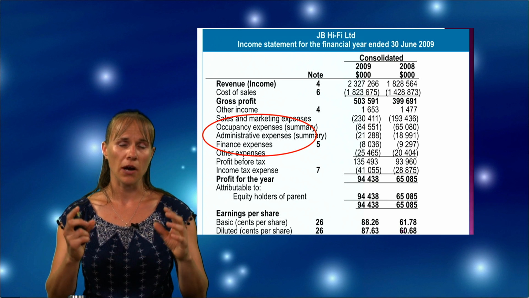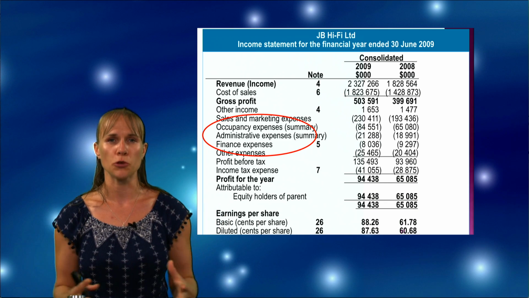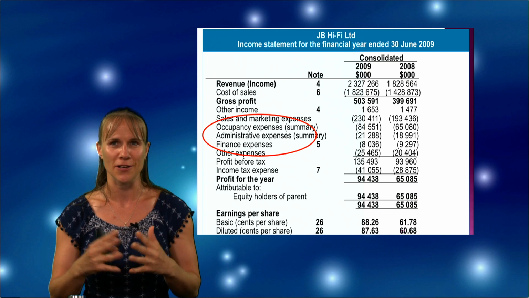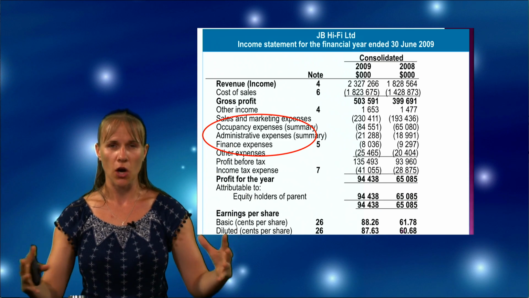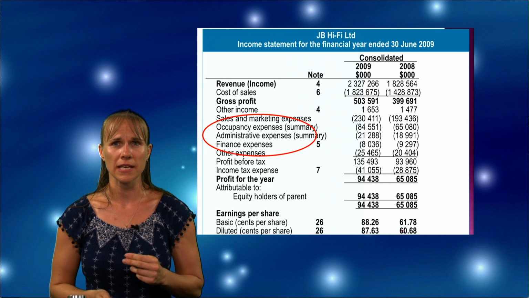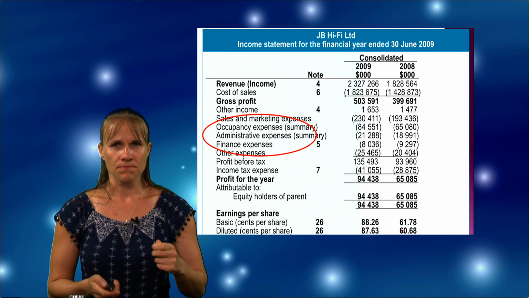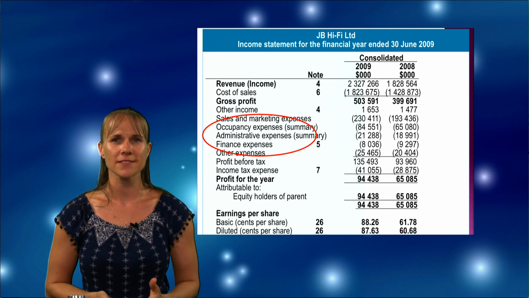JB Hi-Fi does ultimately comprise a number of companies, so a big group. It owns multiple other companies. So that's what they're presenting here, not just JB Hi-Fi on its own, but their entire group of companies that are owned by JB Hi-Fi. Okay.